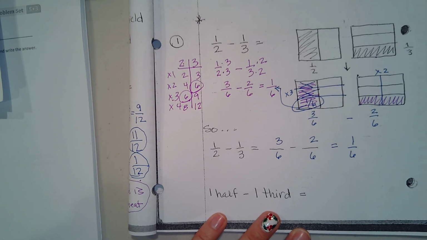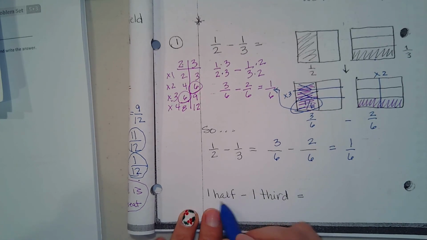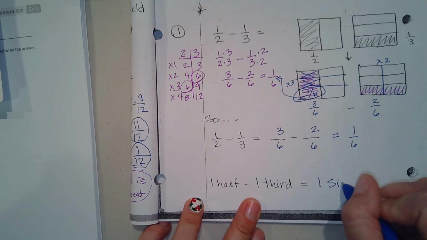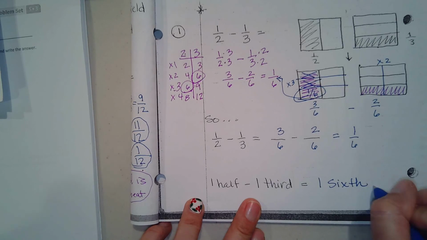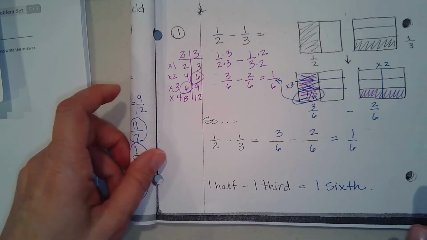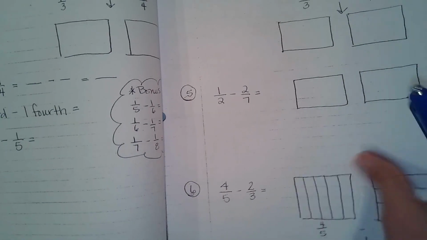All right, so 1/2 subtract 1/3 is 1/6. And that's how we write it in word form. All right. Hopefully you can see the similarities between the addition and the subtraction.